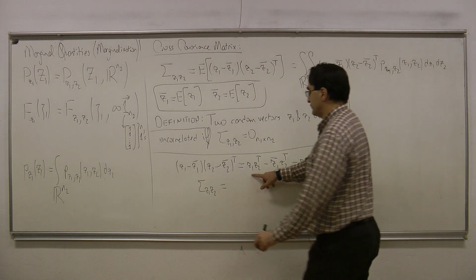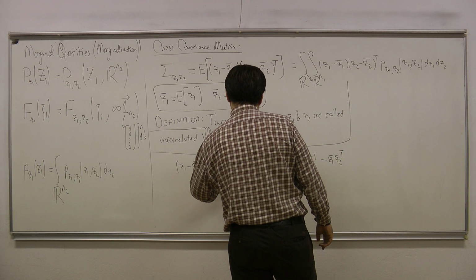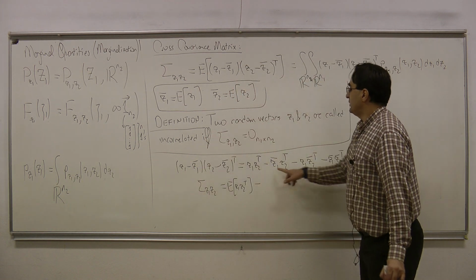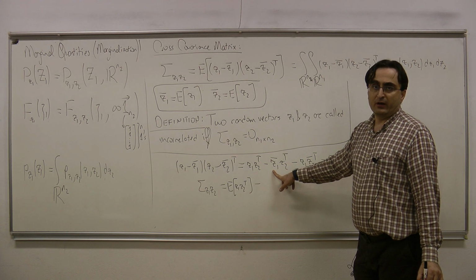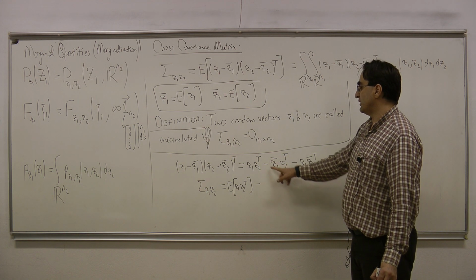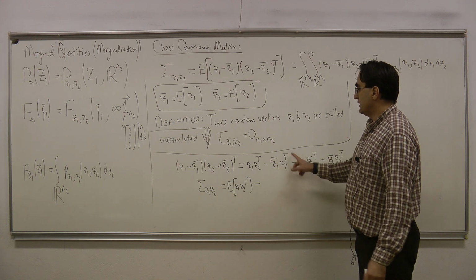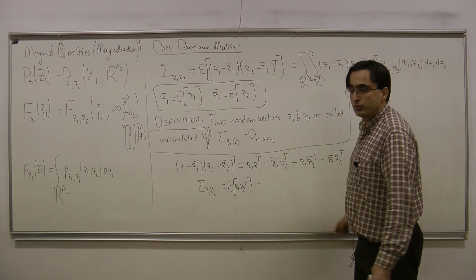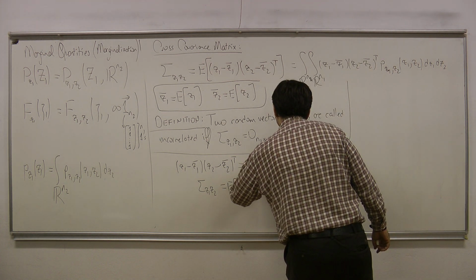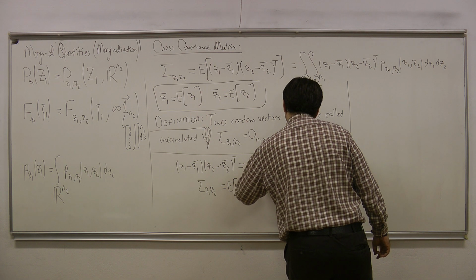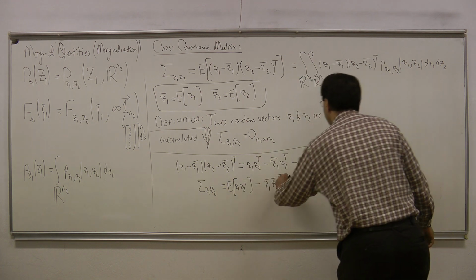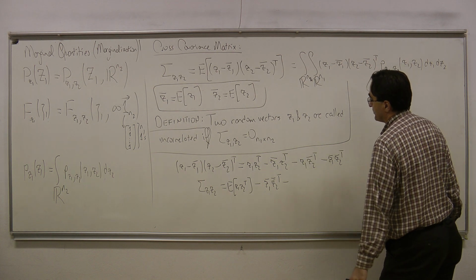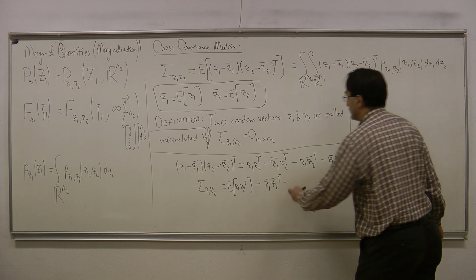And the expectation of the first term is the expectation of Z1 Z2 transpose, minus, here Z1 bar is deterministic, so it can get out of the expectation directly, and I need to take the expected value of Z2, which is Z2 bar. So this is Z1 bar Z2 bar transpose, minus, here I have the same thing, Z2 bar is deterministic, gets out of the expectation, I take the expectation of Z1 only.